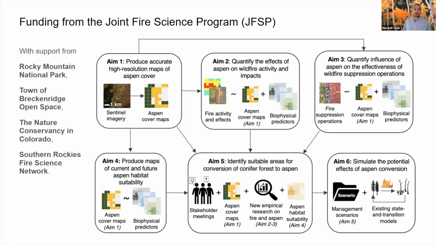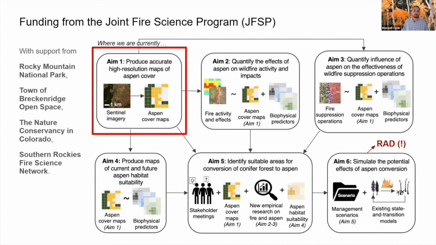And then in the end, simulating the potential effects of aspen conversion. And this is really where we see the RAD framework come in, because we want to test these different management scenarios and what that would mean for both the ecology and communities involved. And we are currently on aim 1, mapping aspen. So we have a lot of work to do.